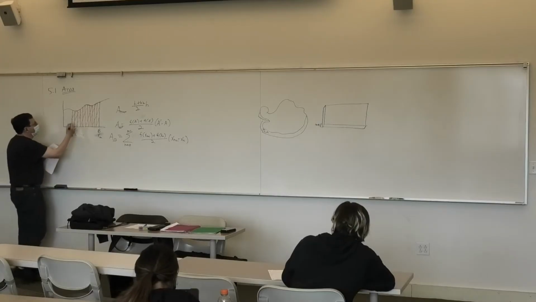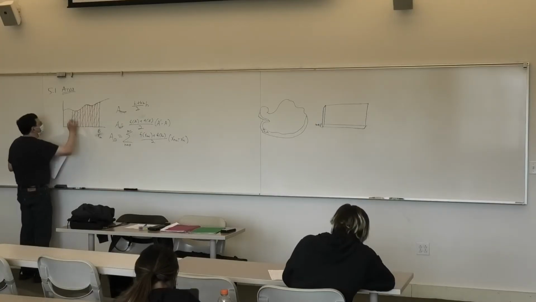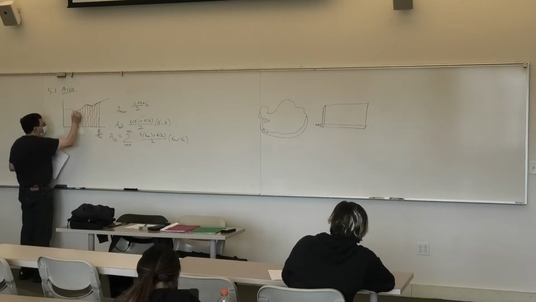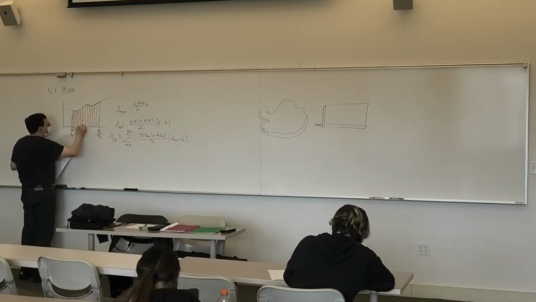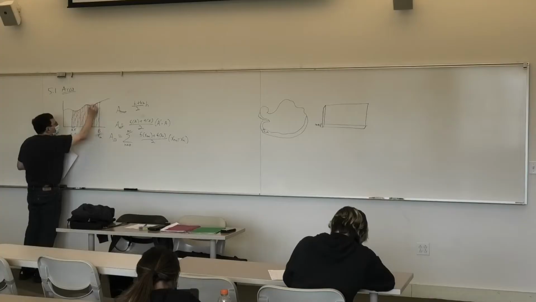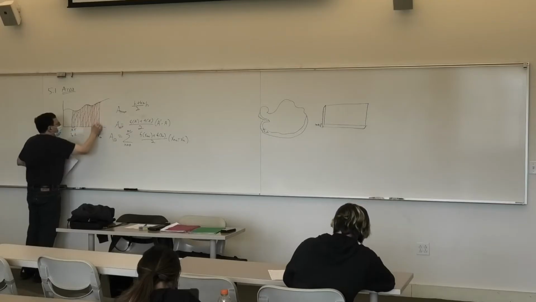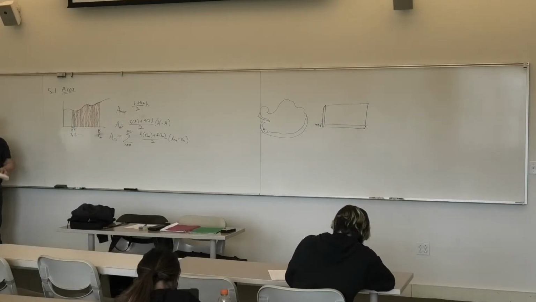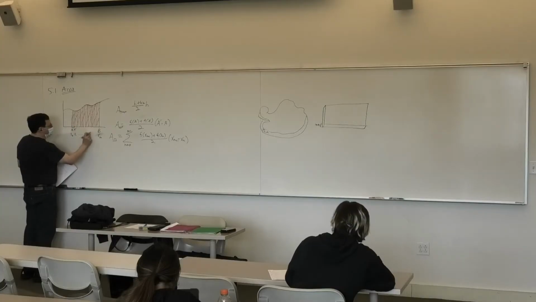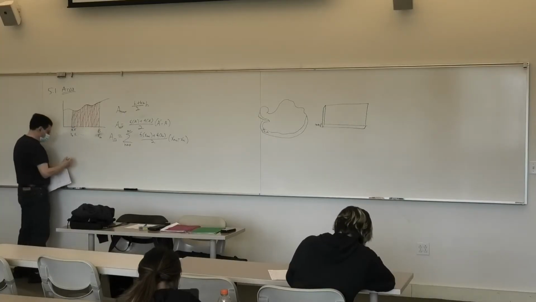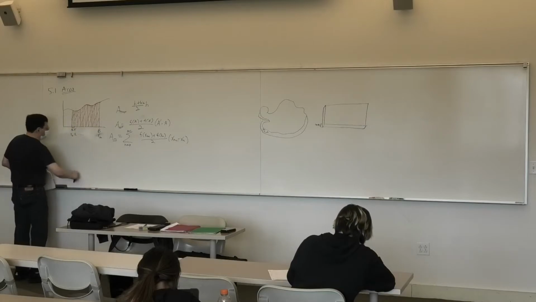But of course, we can keep adding more and more trapezoids here, and we'll get a finer and better approximation each time. For convenience's sake, let's say that each of these x's is a fixed distance apart.